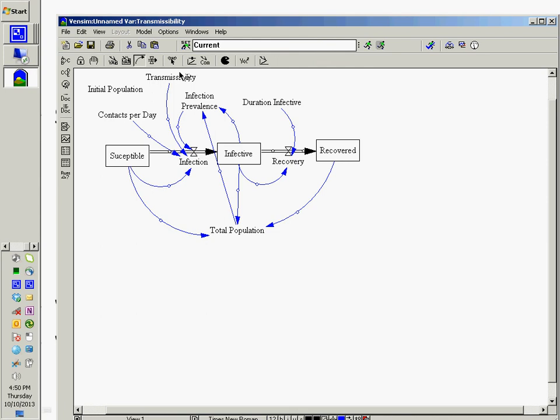Another way to think about it is transmissibility has to do with the chance per special contact, this discordant contact, this contact between a susceptible and infective. What's the chance of transmission? The force of infection has to do with just, given the situation I'm in as a susceptible, what's my chance of getting infected per day? It's not per contact, it's per day. Does that make sense? Okay.